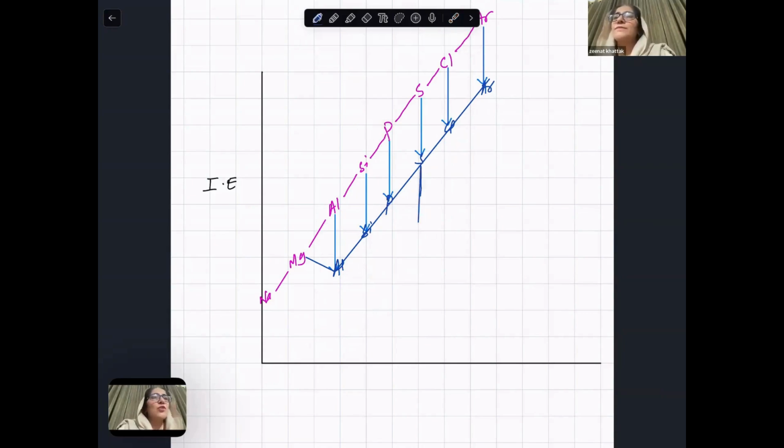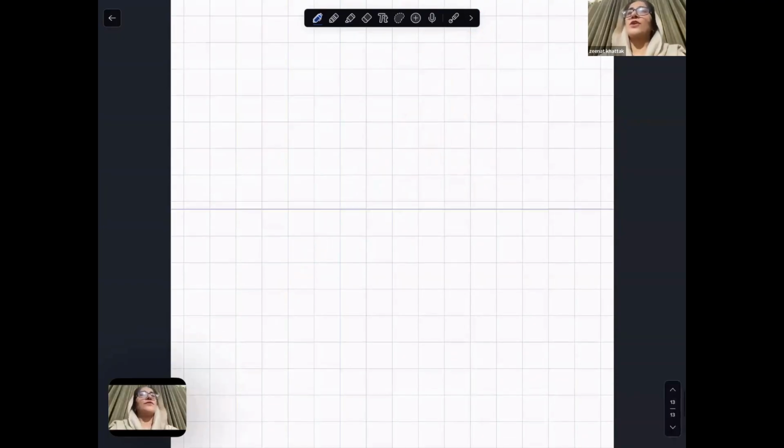It is lowered by the same amount. It's again lowered by the same amount. But why are they increasing? Because protons are getting more.